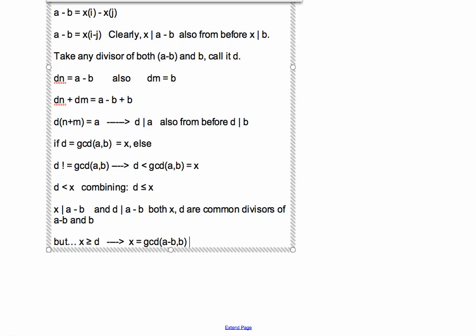I wrote this assuming that A minus B is still greater than B. But it doesn't really matter, we can switch them the other way around.